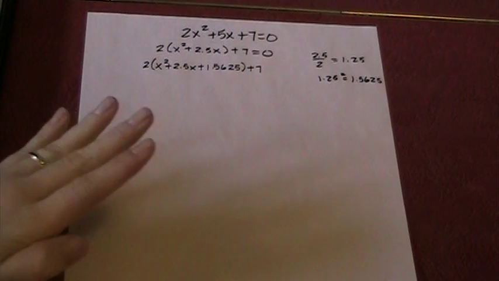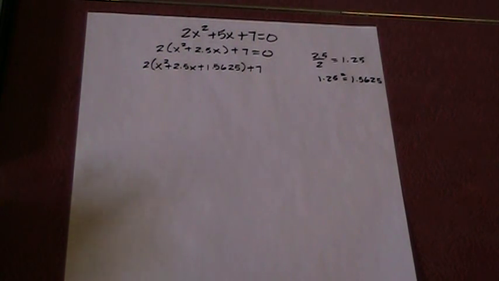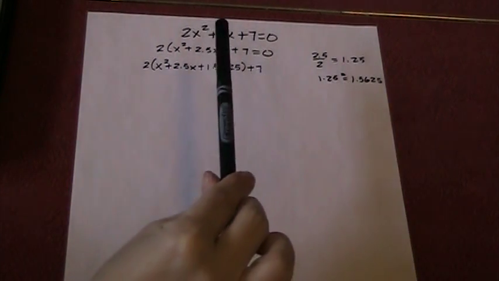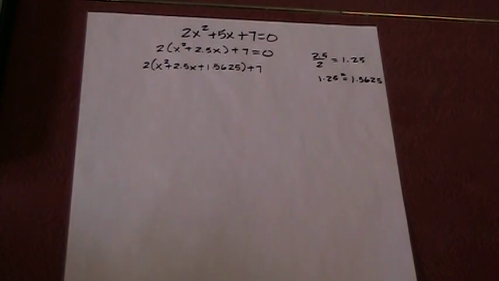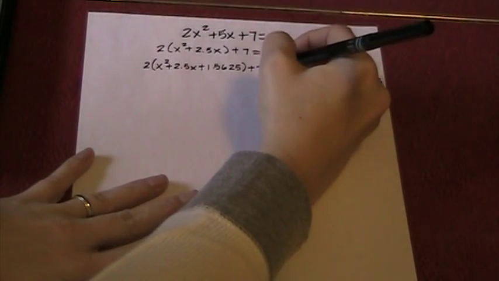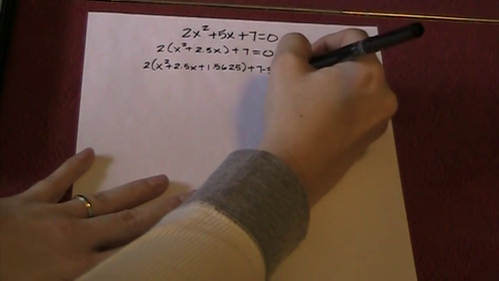And remember, whatever I add, I also have to subtract. And I have a 2 out here. So not only do I need to subtract the 1.5625, but I need to subtract 2 times that. So multiply it by 2, you get 3.125, so minus 3.125 equals 0.